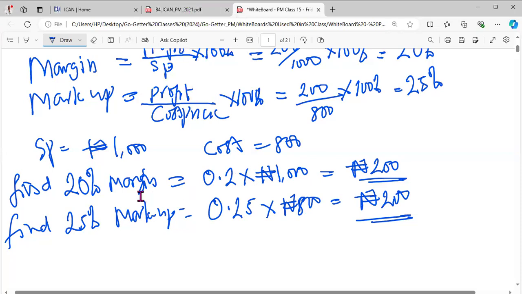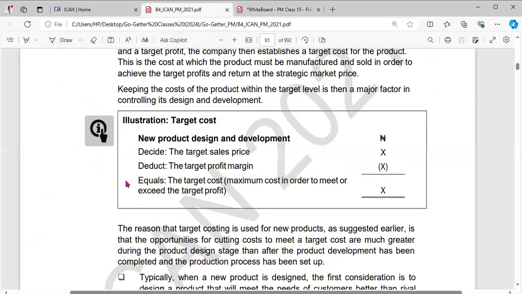So this is an aside. I just have to tell you that what we are told here is you determine the target sales price, then you get the target profit margin, so that you will not go and use cost markup. You use margin. Then when you get your selling price, you less your profit margin from it.